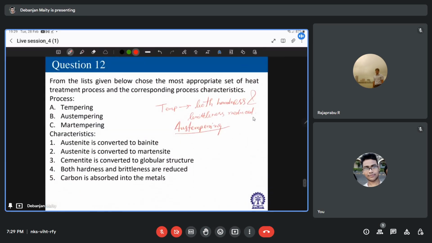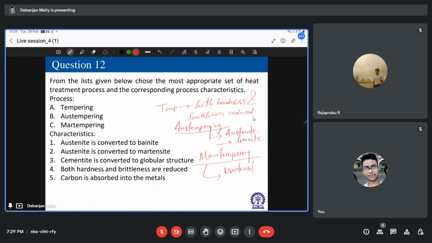Correct? For austempering, austenite converts to bainite structure. And for martempering, this is converting to a martensitic structure.